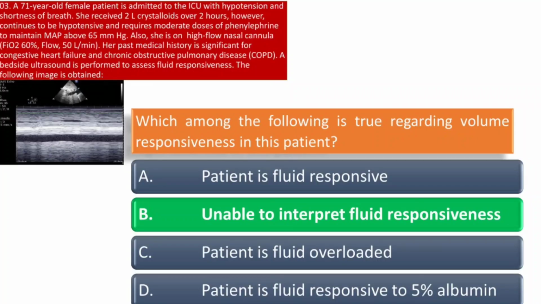This is especially true for a patient in respiratory distress. In respiratory distress there is an increased work of breathing, which creates large swings in the intrathoracic pressure, creating a collapsing IVC which will not be reliable. On the other hand, lack of collapsibility cannot rule out fluid responsiveness as well. So, IVC collapsibility cannot be used to measure volume responsiveness in this patient.